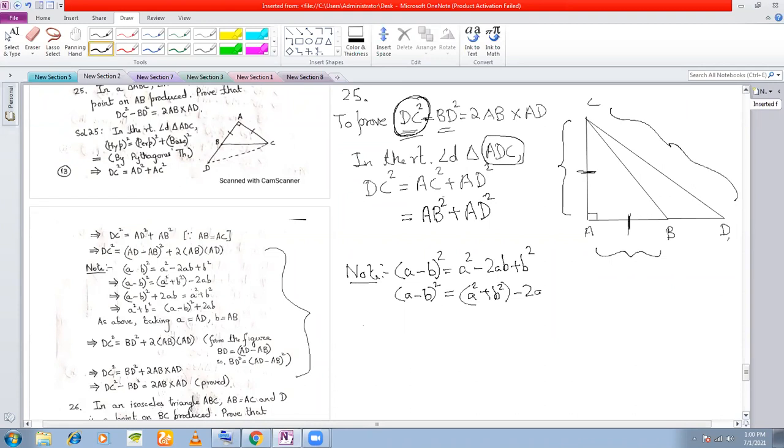That means A minus B whole square plus 2AB is equal to A square plus B square, right? So is this A square plus B square or not?